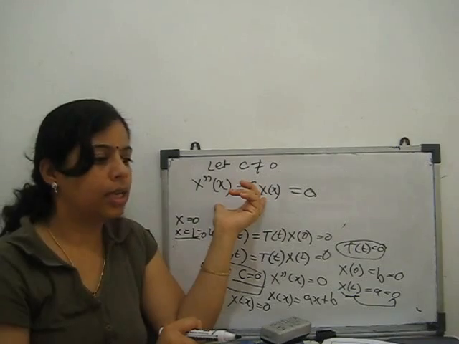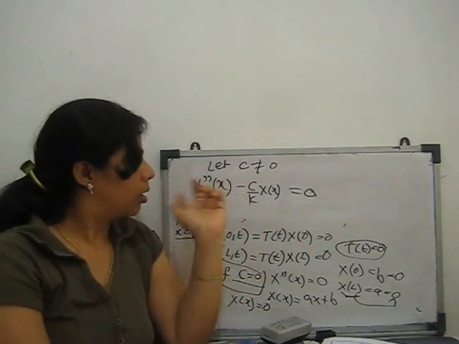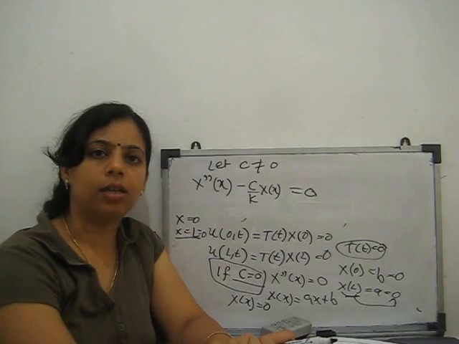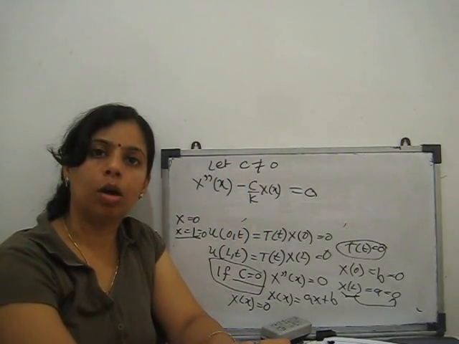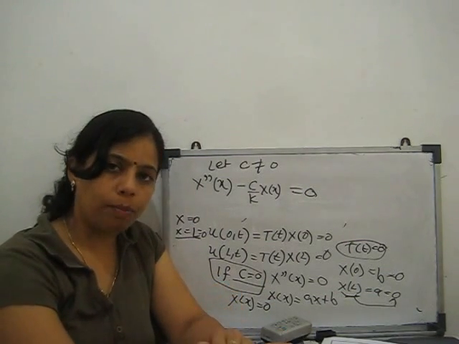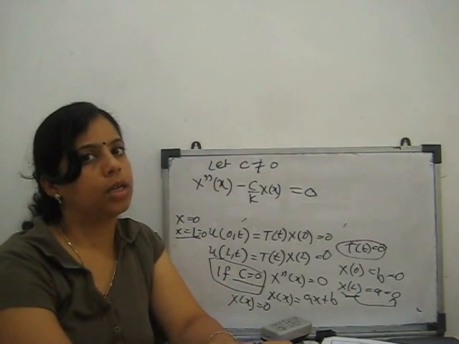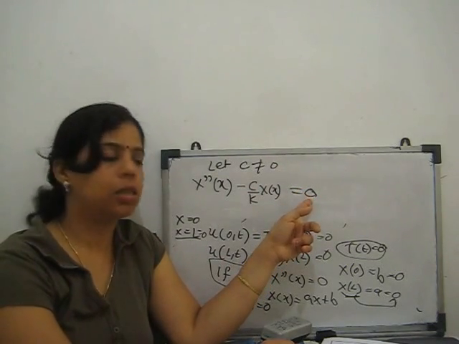Now in this case, this is simply a second order linear differential equation in X. We find the complementary function plus particular integral, but in this case the right hand side is equal to 0, so the particular integral is 0.